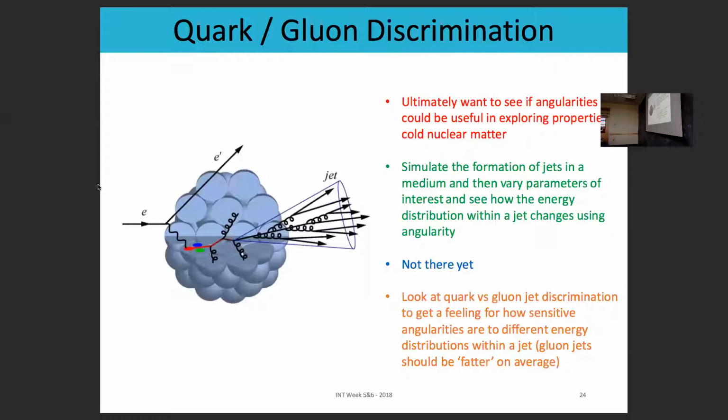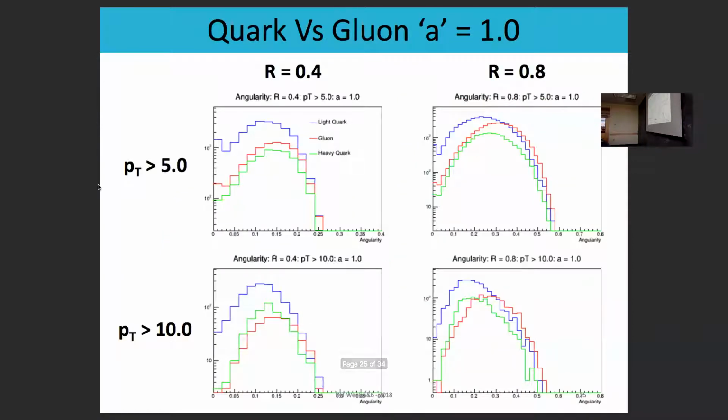The idea being that gluon jets should be fatter, with the energy more widely distributed. So to see if these angularity variables were sensitive to that, if we could discriminate between quark and gluon jets, that's what we see here for two different radii and two different PT.